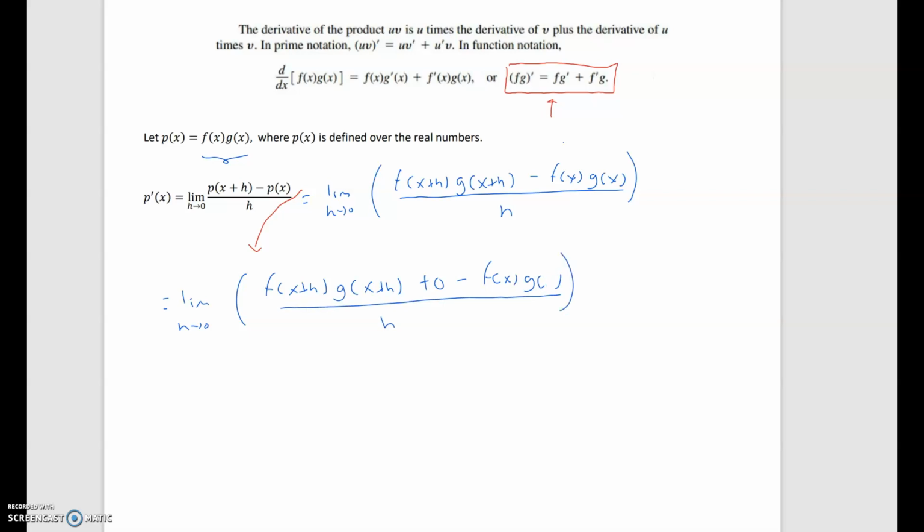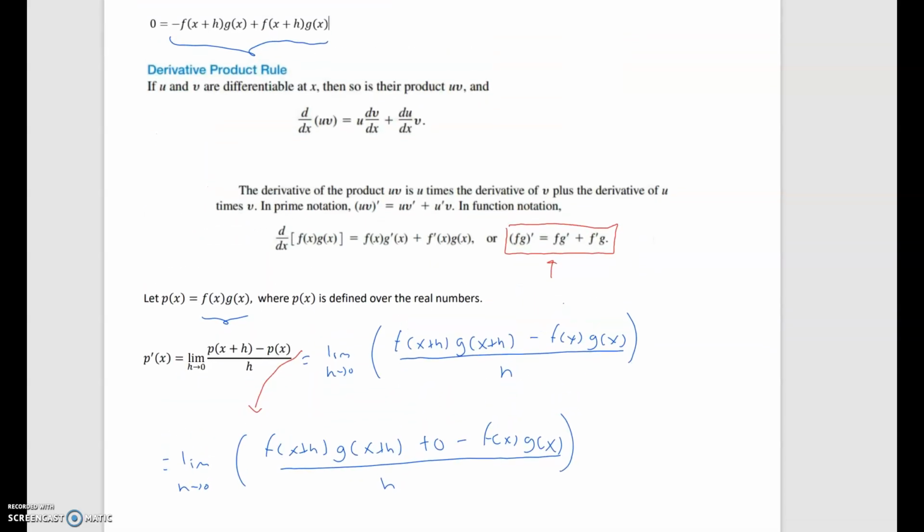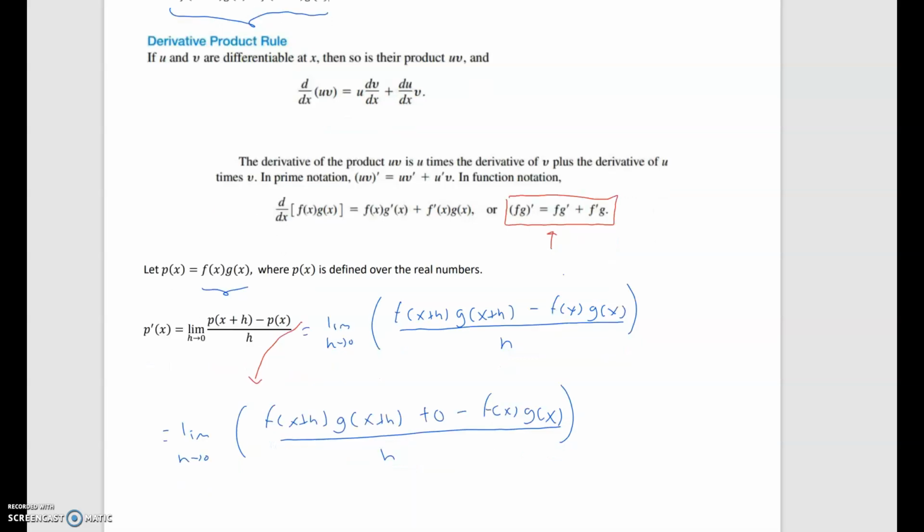I'm just putting the 0 there to justify that technically no value is added. And I'm now going to substitute the 0 with this expression. So I'm going to be subtracting and adding. So technically we're not modifying the top at all.